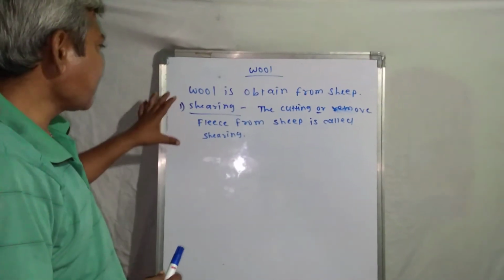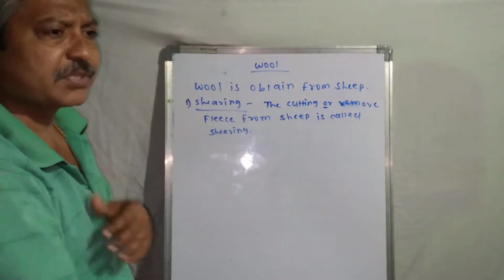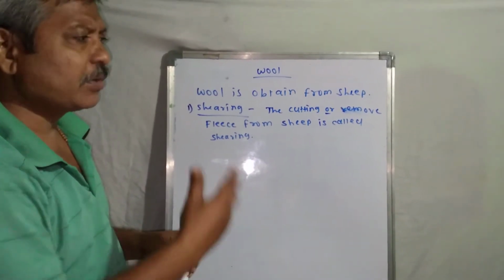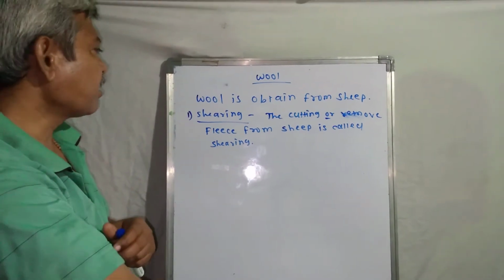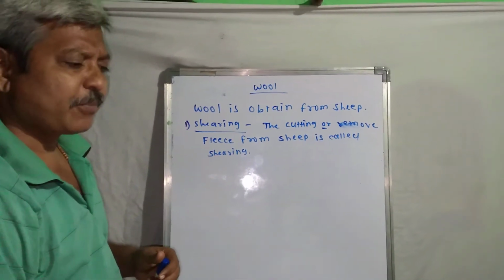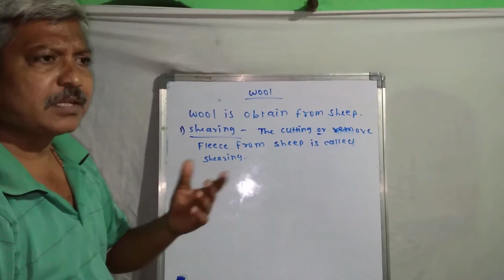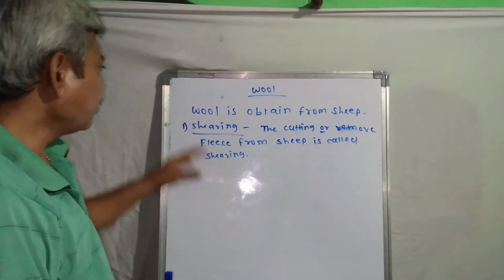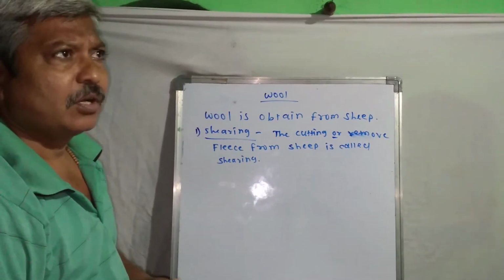The yak is an animal which has long hair-like structures on its body. All the body is covered with long hairs or fleece, and from that we also make fibers and cloths.